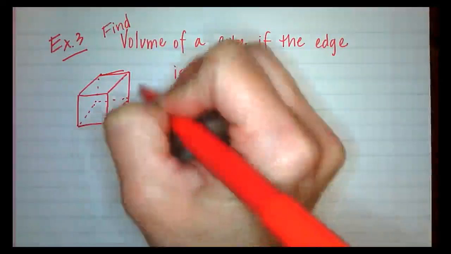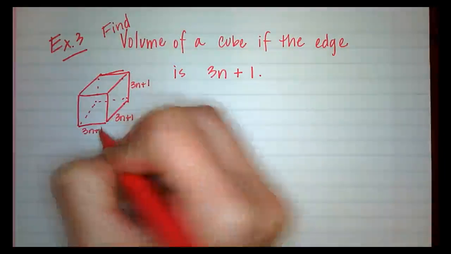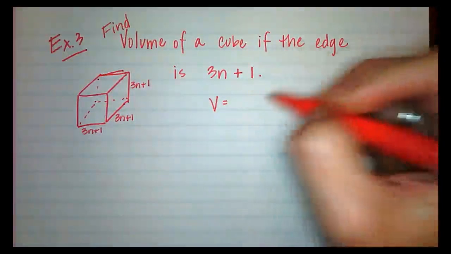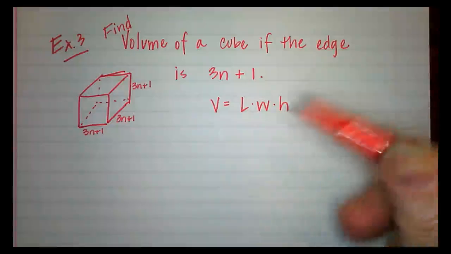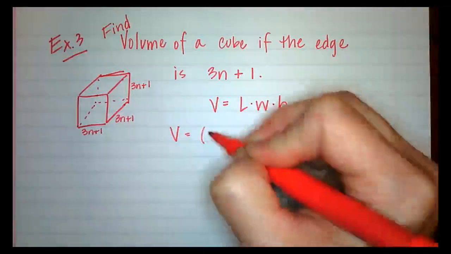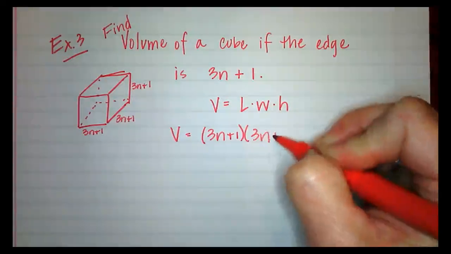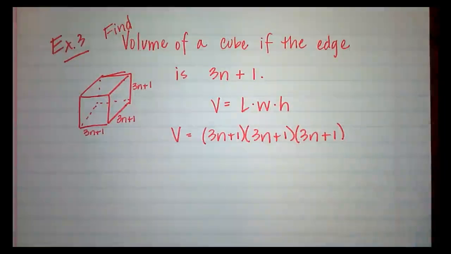So we have 3n plus 1, 3n plus 1, and 3n plus 1. And hopefully you remember that to find the volume, we do length times width times height. Well, since we're doing a cube, those three measurements are all the same. So what we need to do is the length multiplied by the width multiplied by the height.